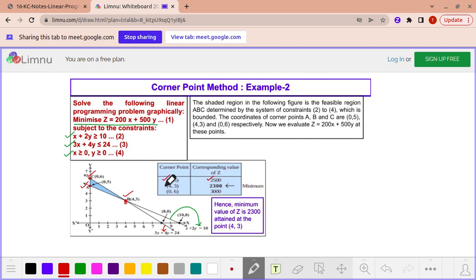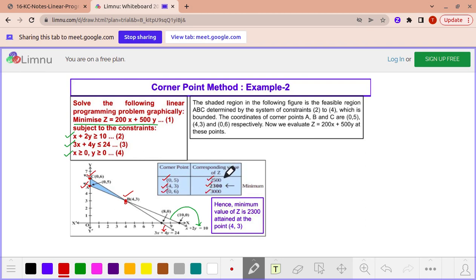For the next corner point 4, 3, we find the value of the objective function as 200 into 4 plus 500 into 3, and this gives us a value 2300. And finally, for the third corner point 0, 6, we find the value 200 into 0 plus 500 into 6, that is 3000.